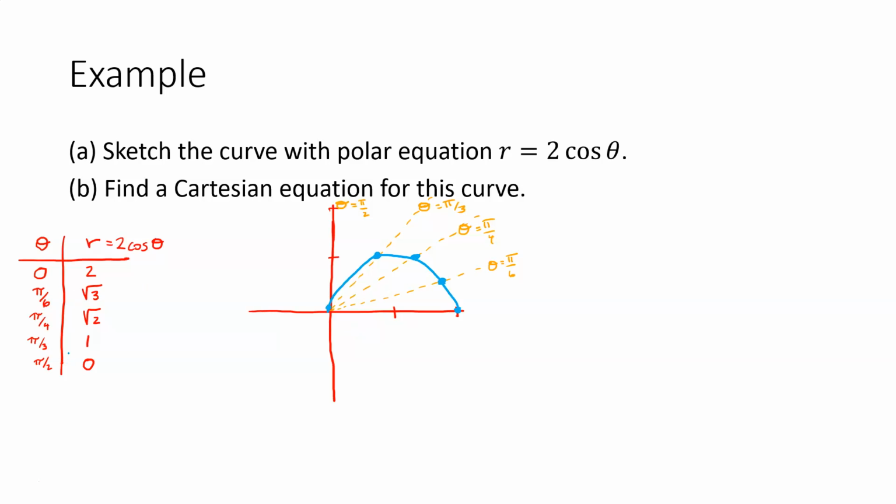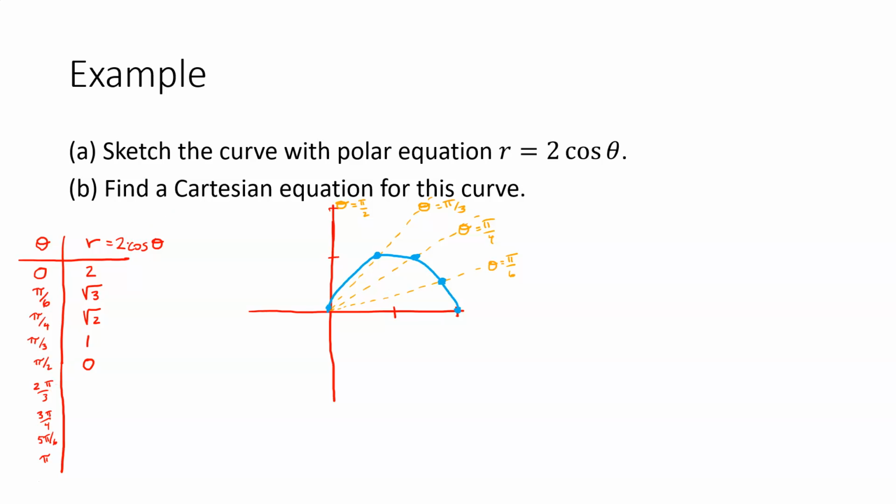Well, let's continue. Suppose I were to go through the second quadrant. So I'm going to quickly plot those points now as well. The points here in the second quadrant would be 2 pi over 3, 3 pi over 4, 5 pi over 6, and pi. Evaluating these points, notice now I'm going to get negative values.